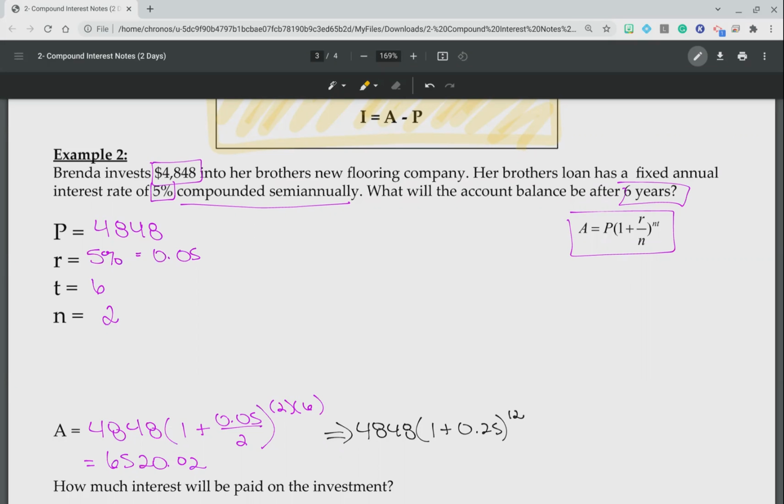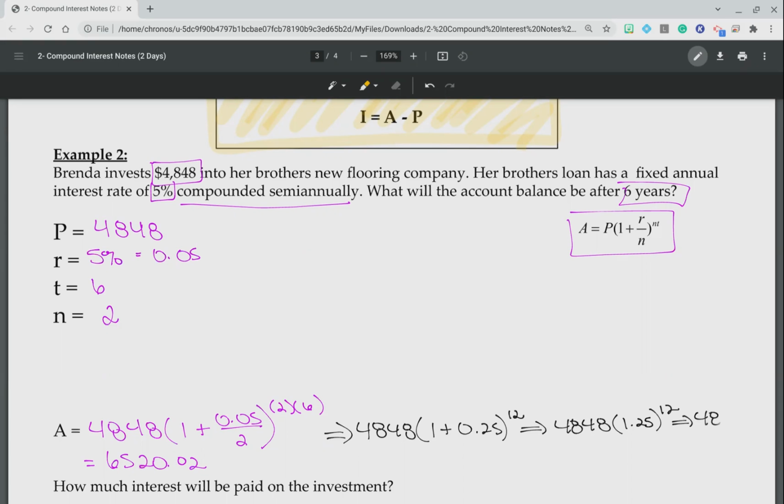So when I'm typing this in my calculator, I would then probably do this. 1 plus 0.025 is 1.025 to the 12th power.